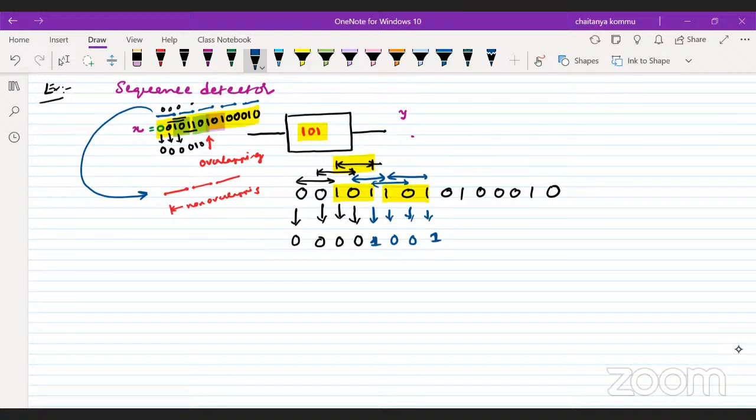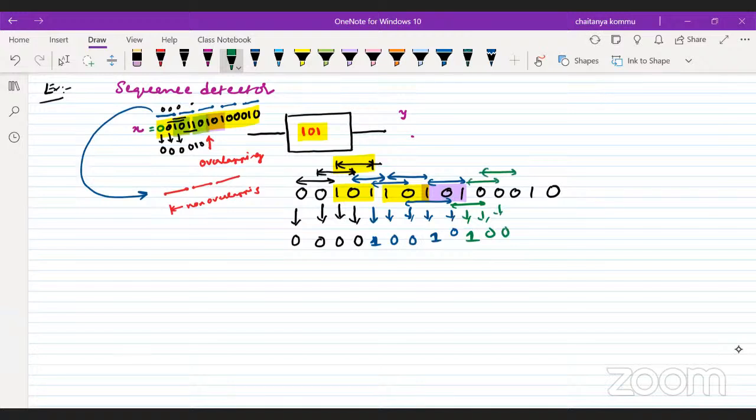Now next, these 3, we don't get the output. These 3, yes, there is a possibility, since the overlapping sequence is also considered, therefore we will get the output as logic 1. These 3, not possible.